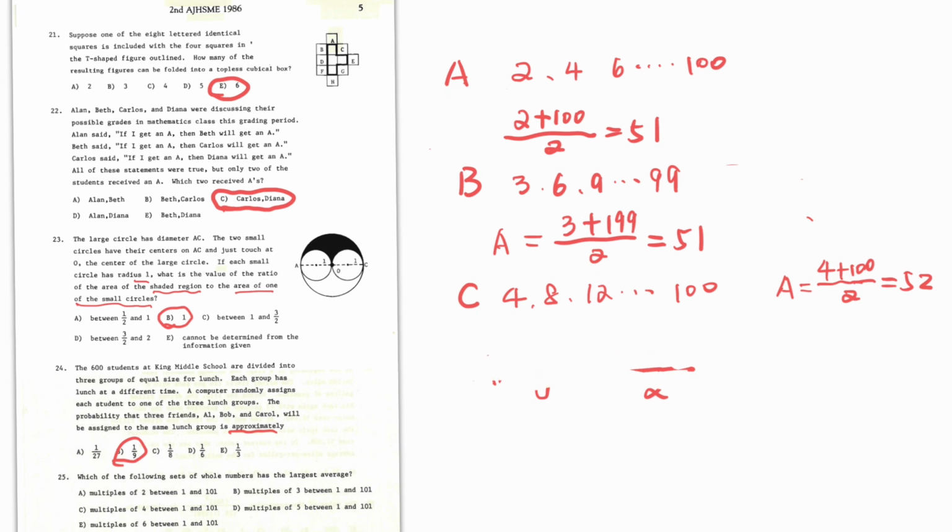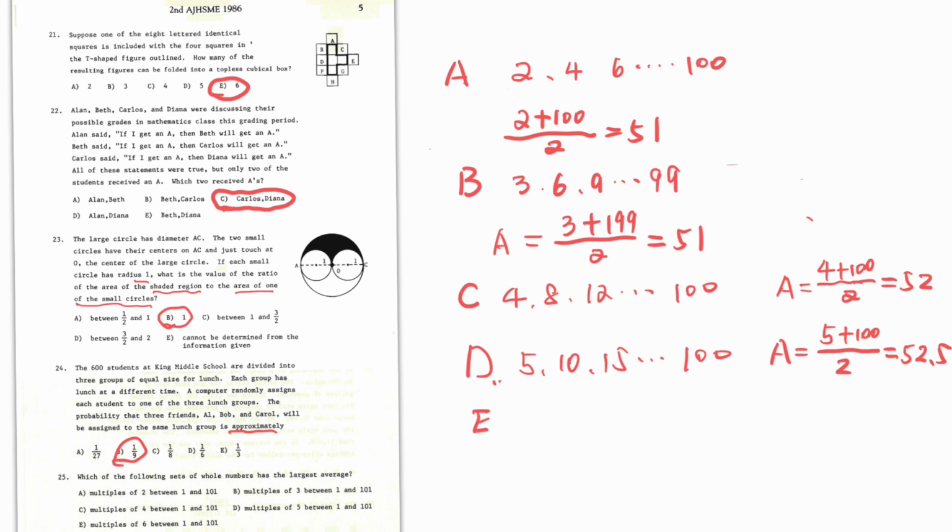And for D, multiples of 5: 5, 10, 15, continuing to 100. The average equals 5 plus 100 divided by 2. That's 105 over 2, that's 52.5.